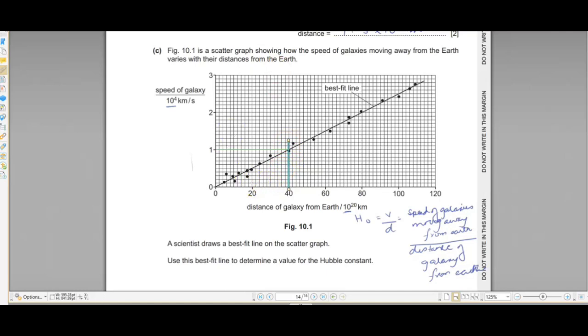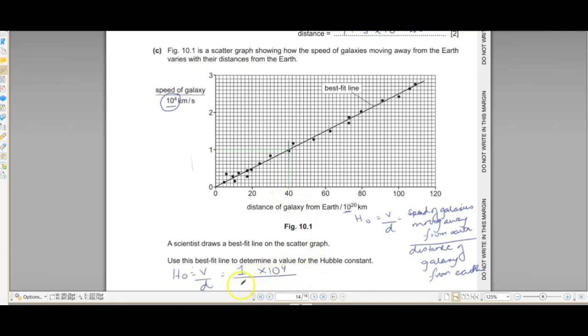Okay. So this is the speed of the galaxy. When this is the speed of the galaxy, then the distance of the galaxy from the Earth is 40. So what we are going to do is, the speed is 1 into 10 raised to the power 4, because they've mentioned that whatever this is, it is multiplied with 10 raised to the power 4, and whatever is on the x-axis is 10 raised to the power 20 times of what is written over here.